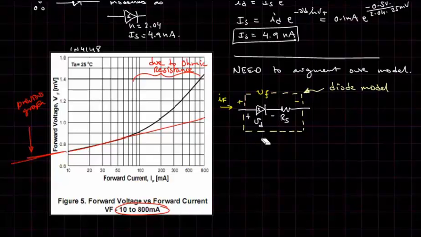We'll say that VF is equal to V of the diode, the Shockley diode, plus RS times the current, where VD is going to be equal to NVT log of IF, the current flowing through it, divided by IS.